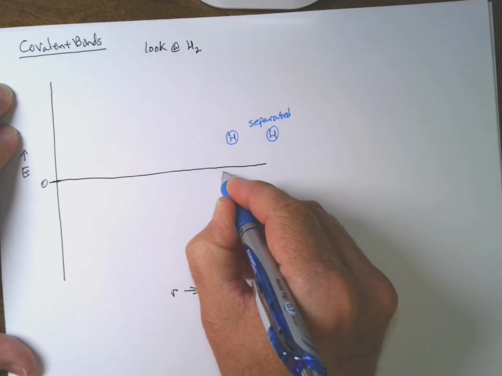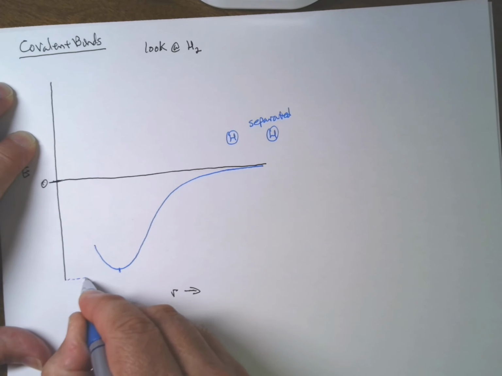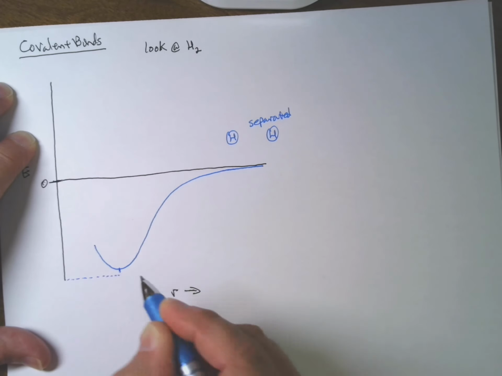Now as we bring the nuclei closer together, the energy decreases until it reaches some point right down here. And if I take a look at this here, this is my bond length.